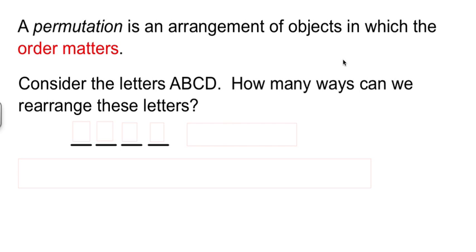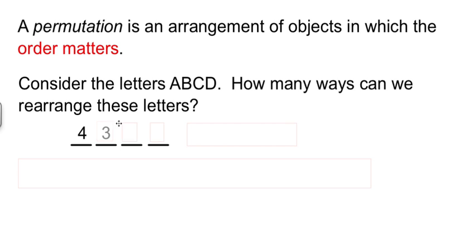So let's consider having the letters A, B, C, and D. How many ways can we rearrange those letters together? Well, how many letters could we pick to go first? 4 of them. We have an A, a B, a C, or a D. Now that we've picked a letter, how many letters do we have to choose from next?